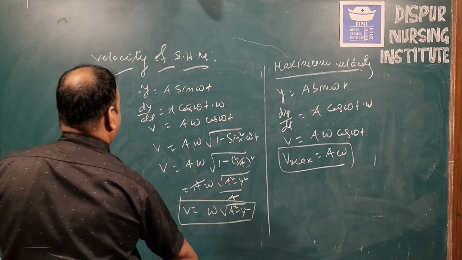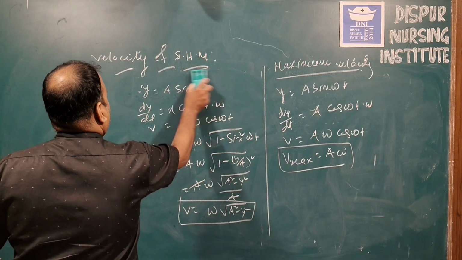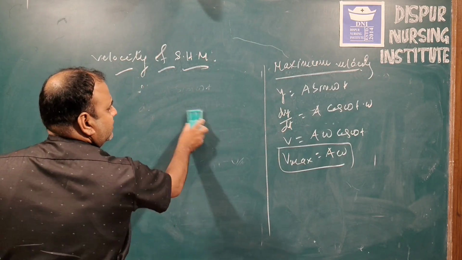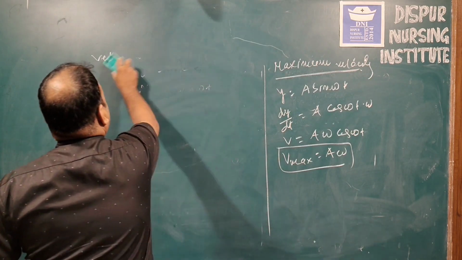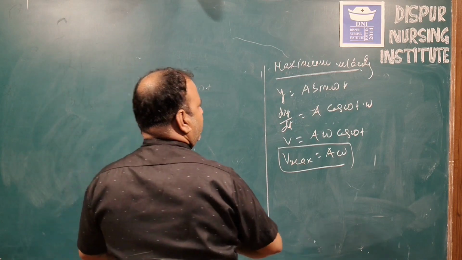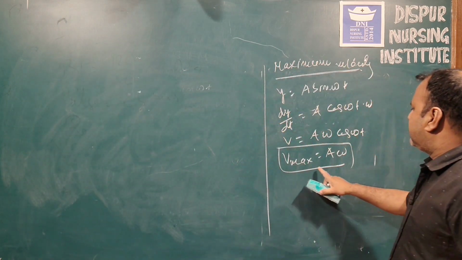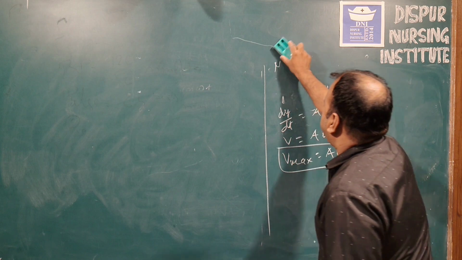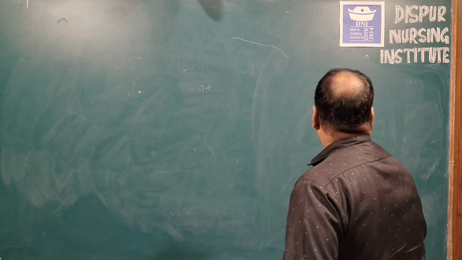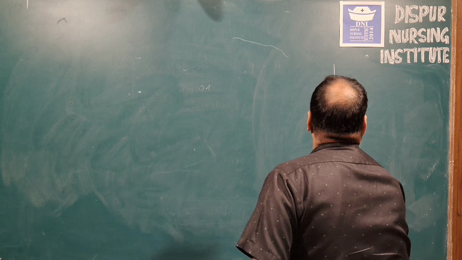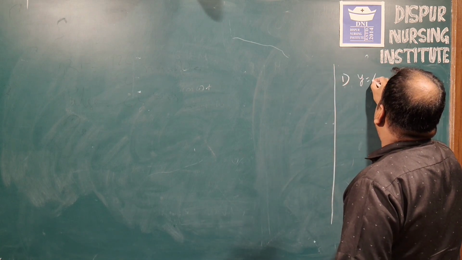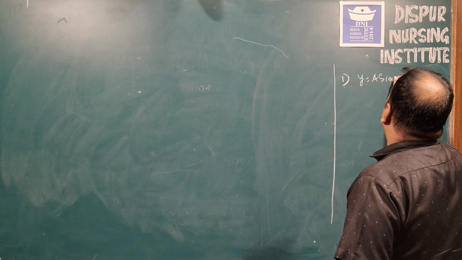Next you can see, we are getting this formula, that means the simple harmonic formula. So you remember v max is equal to a omega. Now see dear students, we are getting different types of formula in this chapter. Number one, y is equal to a sin omega t.